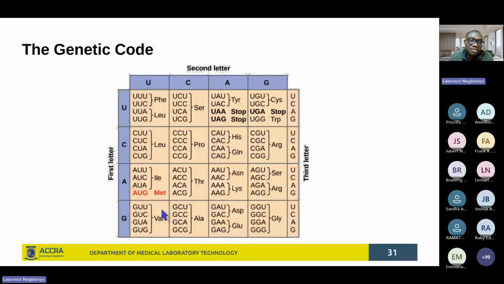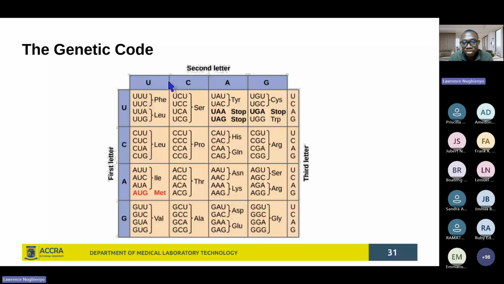And we see this is being shown such that you have on the left-hand side, vertically, the bases being shown: U, uracil; C, cytosine; A, adenine; guanine, G. That will represent the first nucleotide in the triplet of that code.